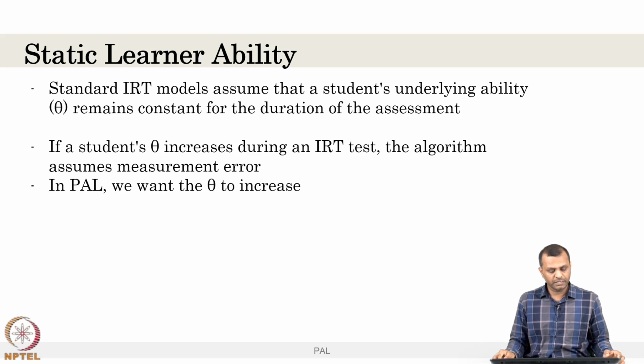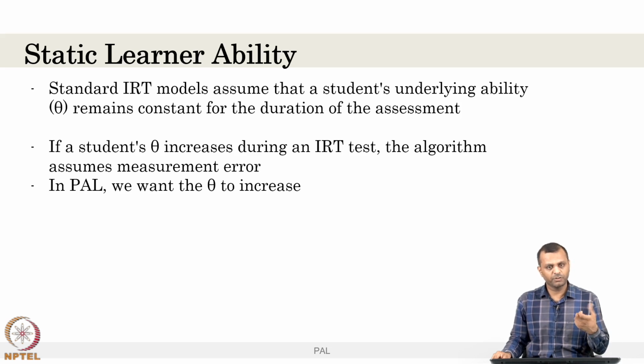Another issue is that if the theta increases, suppose the learner ability suddenly increases from -1 to 2, it's treated as an error. Suppose I have given 5 questions, and initially you were a very poor performer, say -1, and on 5 hard questions you have done a fantastic job. Your theta might increase to 1 or 2, a good performer, and the system considers this some error.